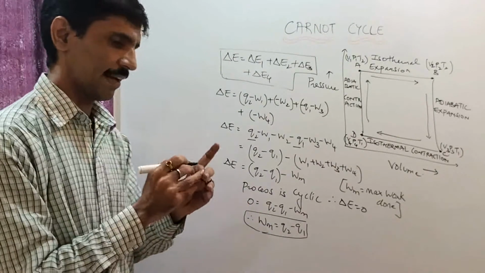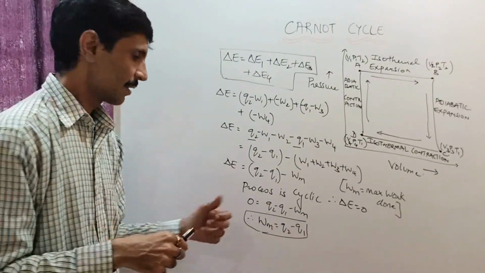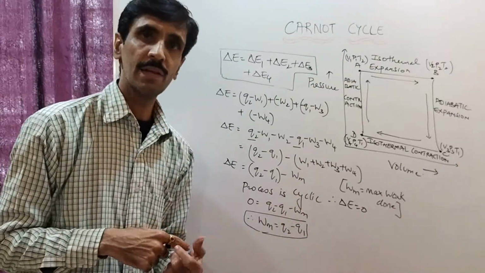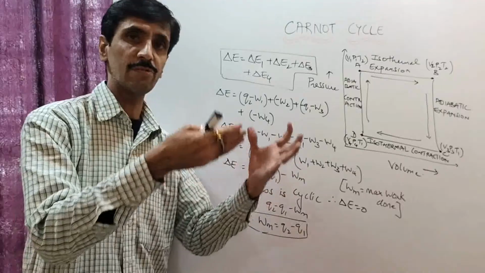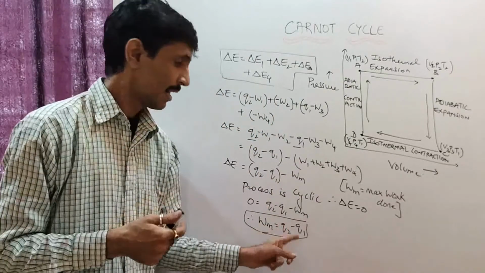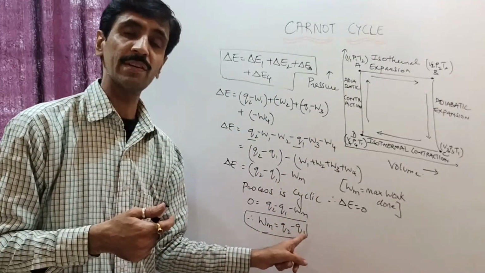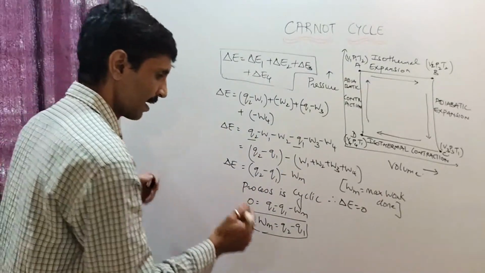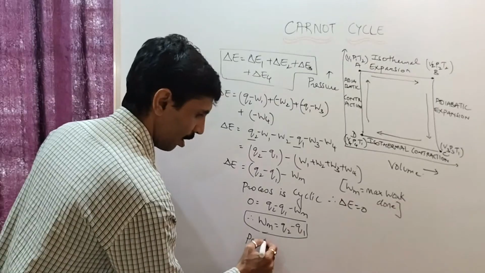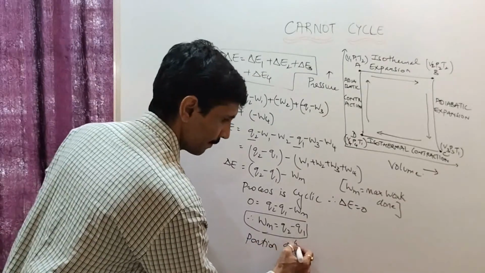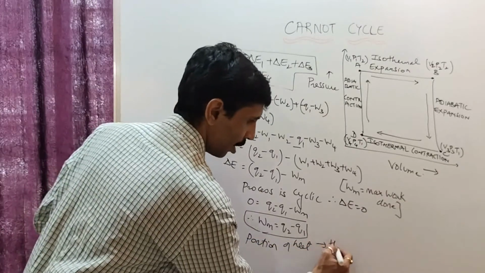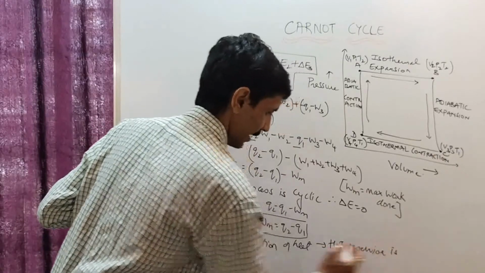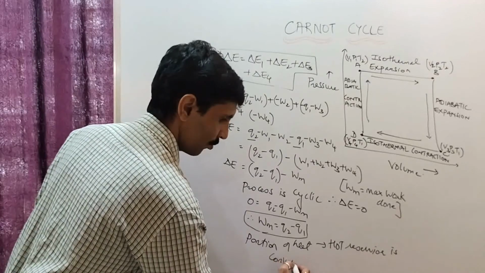Now, if you have a look at this very well, the maximum work obtained is equal to Q2 minus Q1. Q2 is the heat associated with the hot reservoir, and Q1 is the heat being transferred to the sink. So from this it is very clear that only a portion of the heat from the hot reservoir is converted into work.